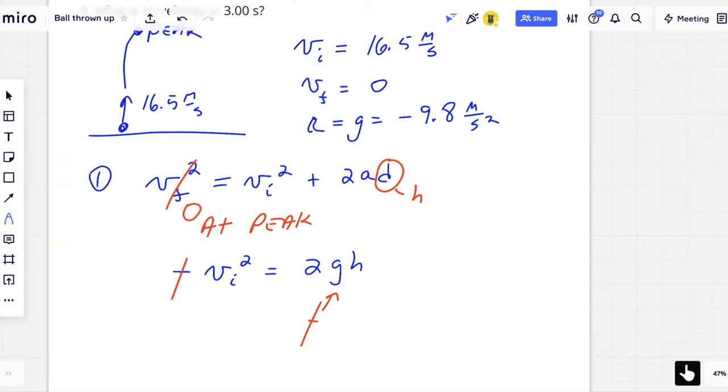So the final equation we end up with, the height to the peak, is the initial velocity squared divided by 2 times gravity. When we put those numbers in, we get 16.5 squared divided by 2 times gravity. The answer should be 13.9 meters.